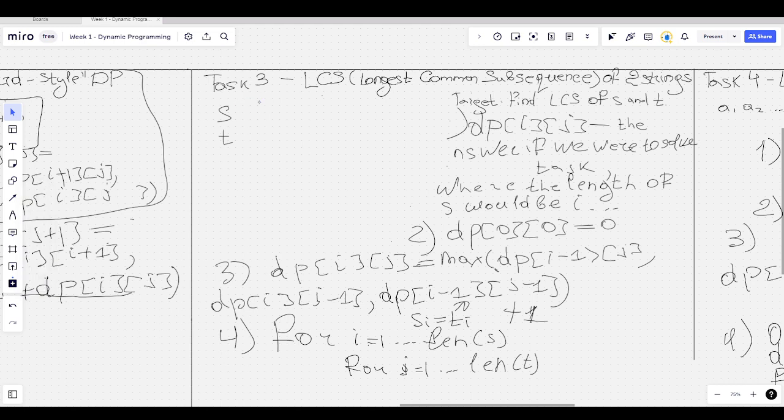Suppose we are located in a position where s contains i characters and t contains j characters. Okay, and we consider a case of whether this symbol was taken or not.